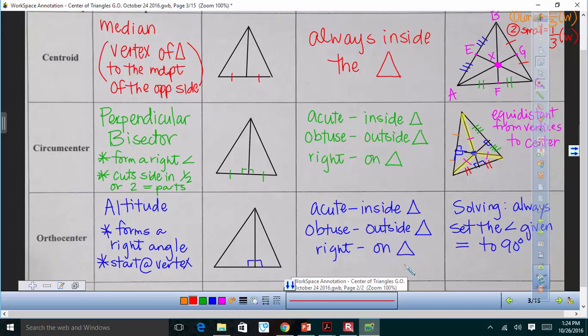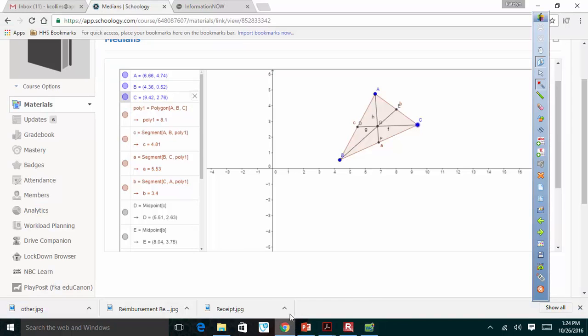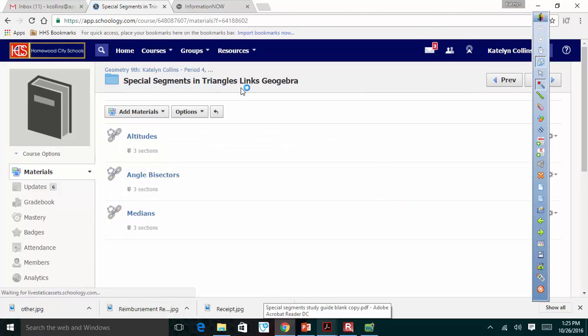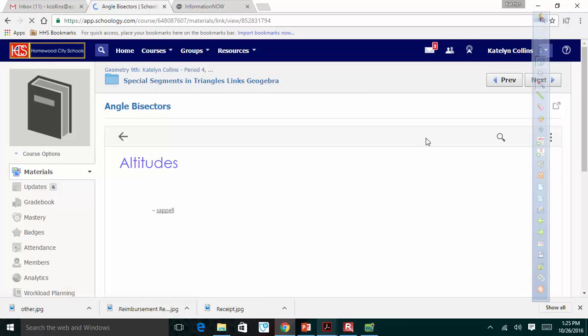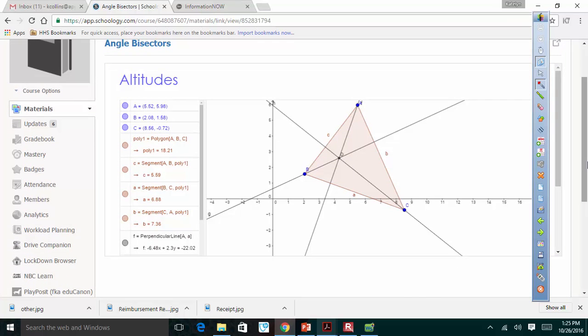Okay, and the last one we want to look at is the angle bisector. Okay, so looking at that one, is that a right, acute, or obtuse triangle?